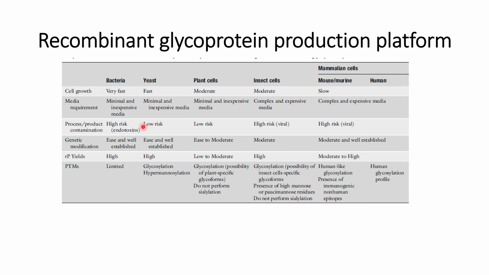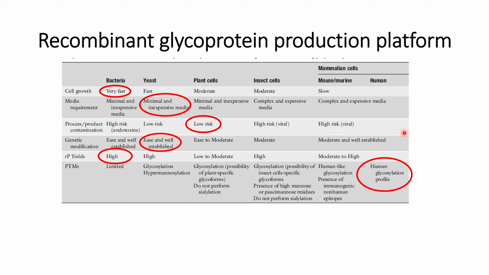and other things also need to be taken care of, as highlighted in the red circle. The better glycosylation production platform will have a human glycosylation profile, and recombinant protein yields will be higher. Genetic modification should be easy, so that we can produce the gene of interest easily within this platform.